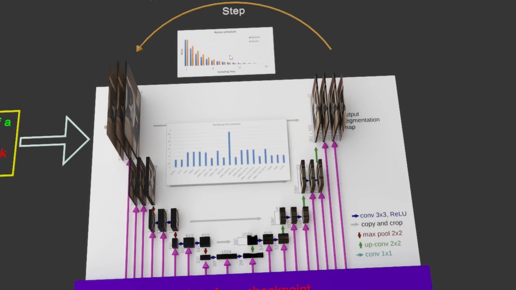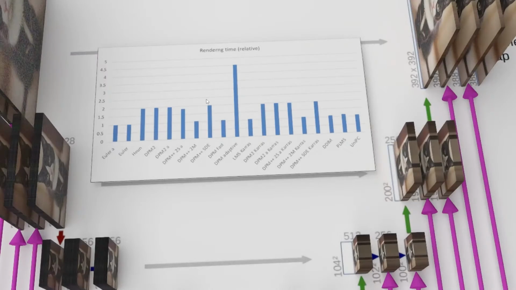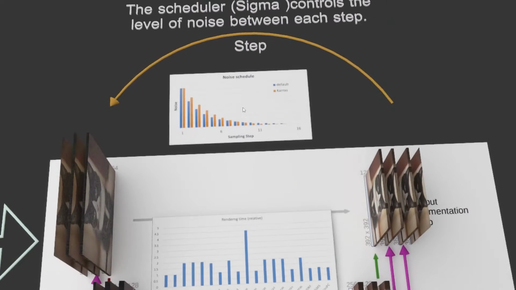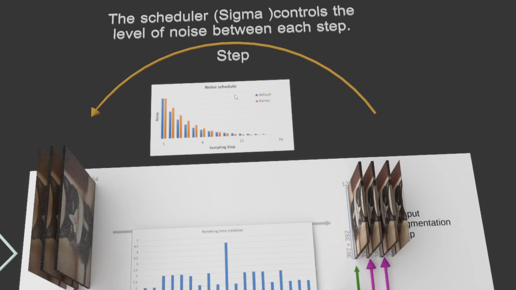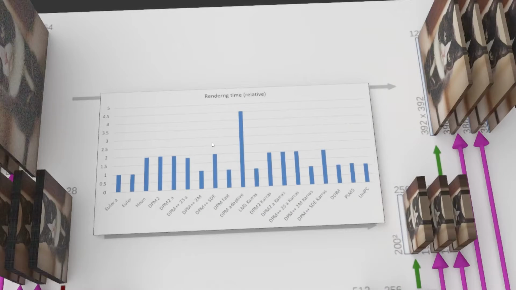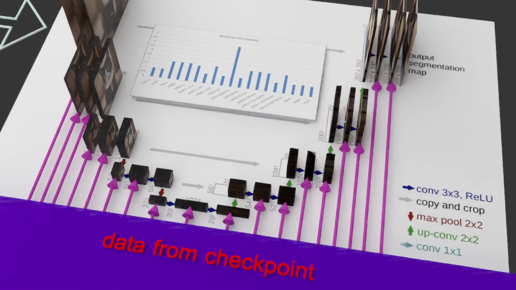So totally the difference between sampler and scheduler is that samplers are happening inside the Unet, but the scheduler is happening outside of the Unet. The scheduler is a control over the steps, but the sampler is controlled inside the Unet.